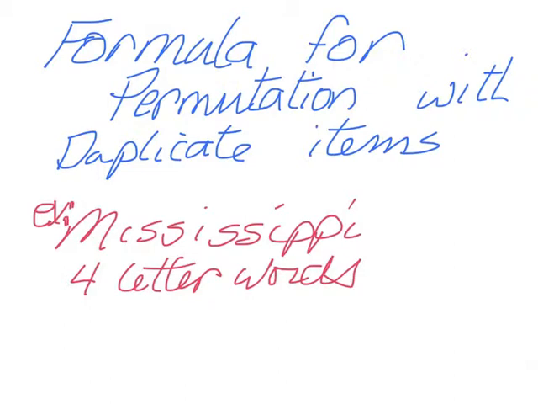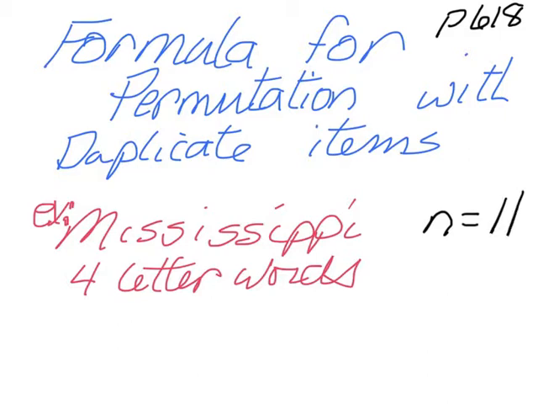So we're going to write the formula. It's on the bottom of page 618 in your textbook if you want to look. It's a formula for permutation with duplicate items, and we're going to use the formula on the word Mississippi, figuring out how many 4-letter words we can make. So you want a permutation of n items, and Mississippi has 11 letters, so n equals 11.